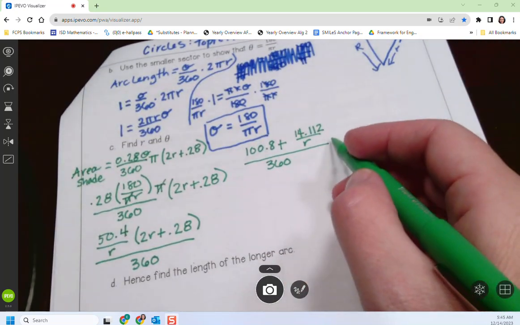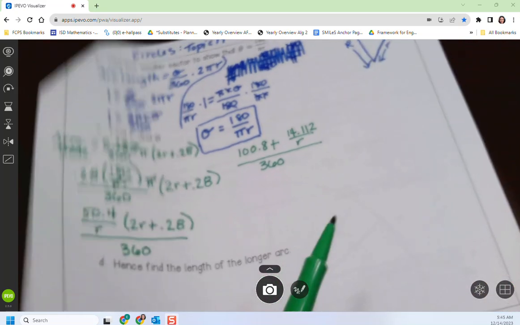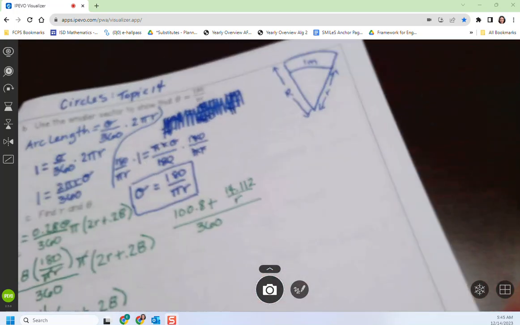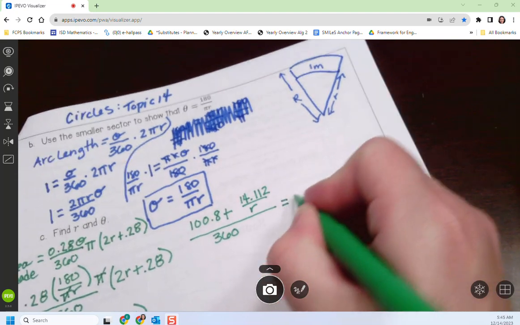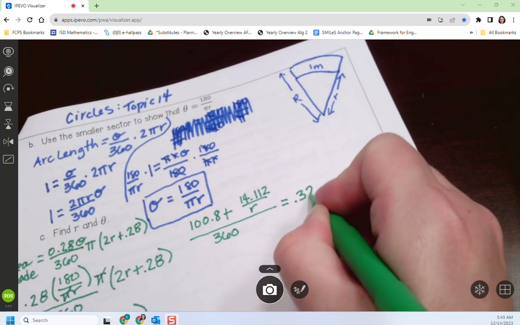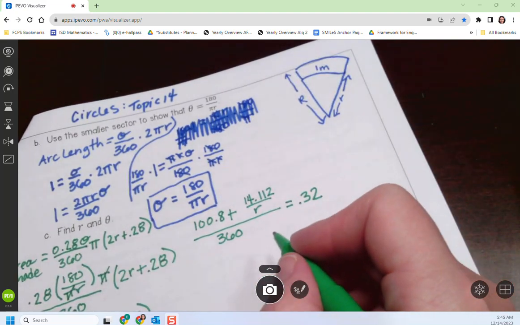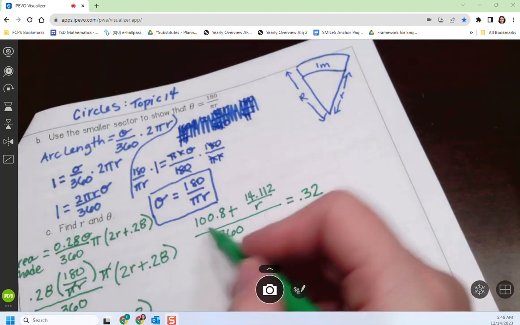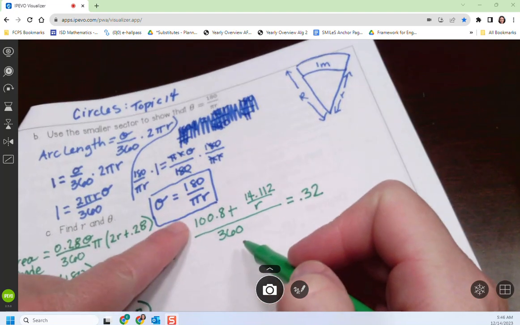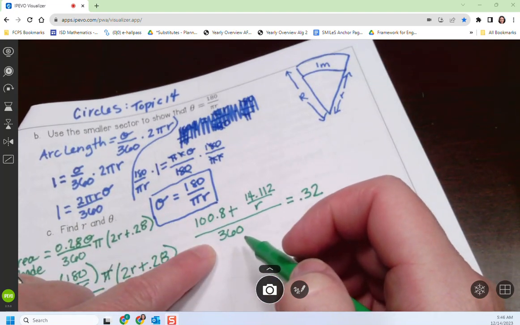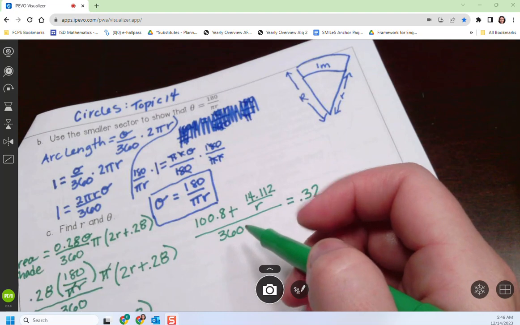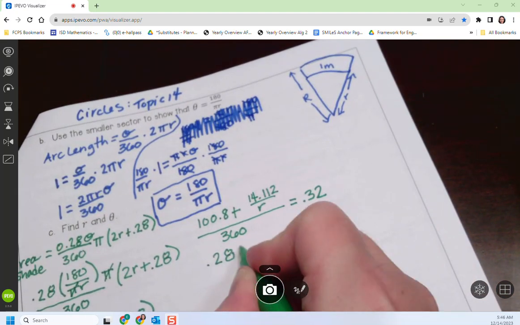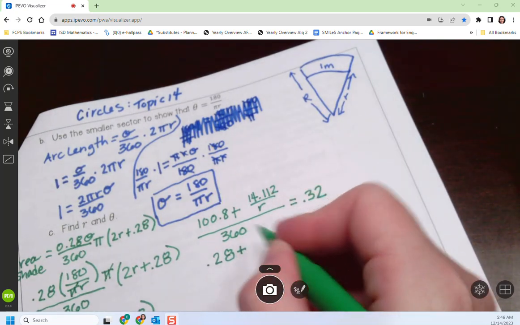And this is the expression for the area of the shade. And so now I can set this equal to the area of the shade from the other side, which was 0.32 square meters. Okay, so distributing the division here, when I divide these two, I get 0.28 plus this fraction divided by 360.